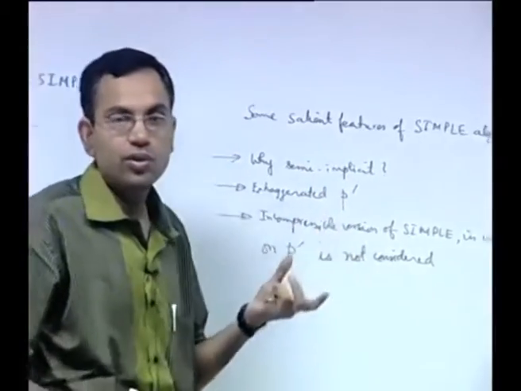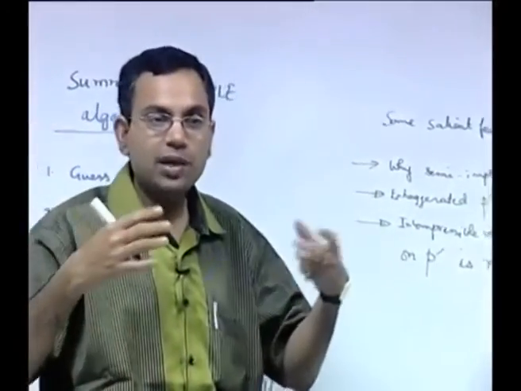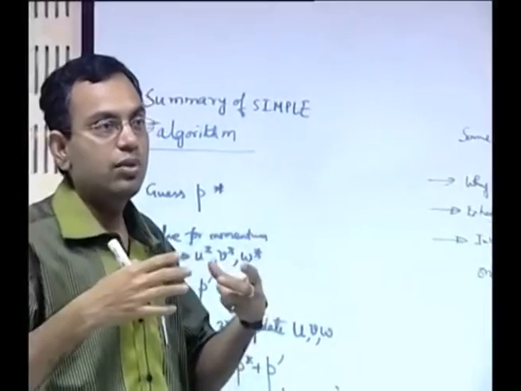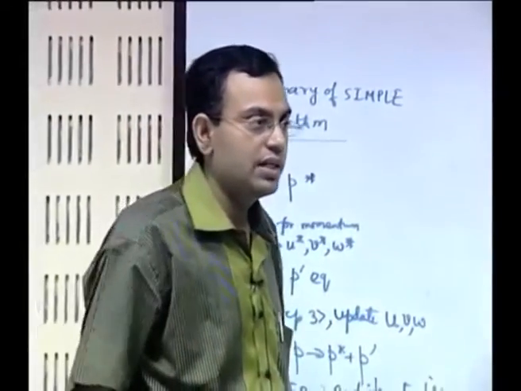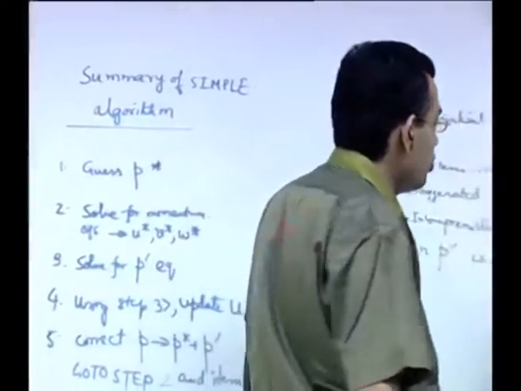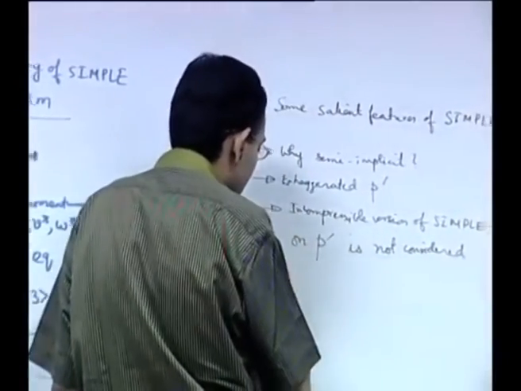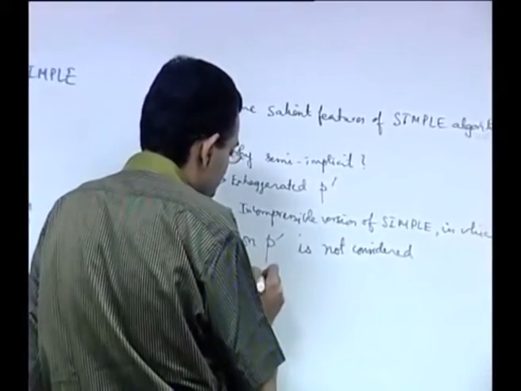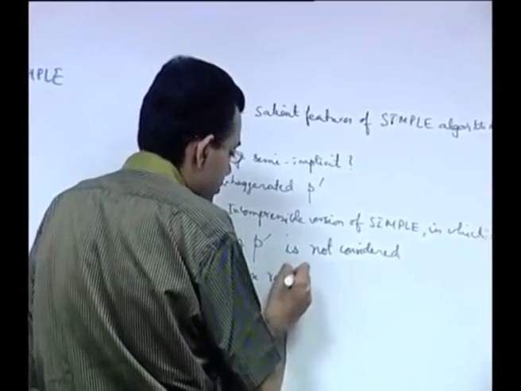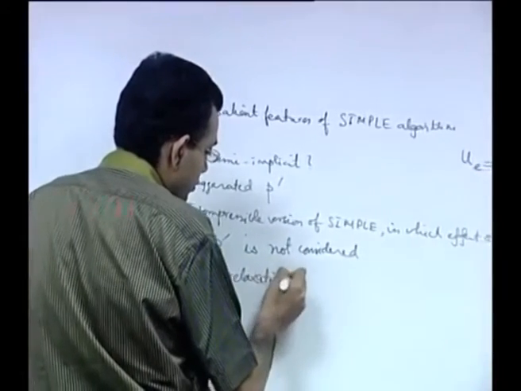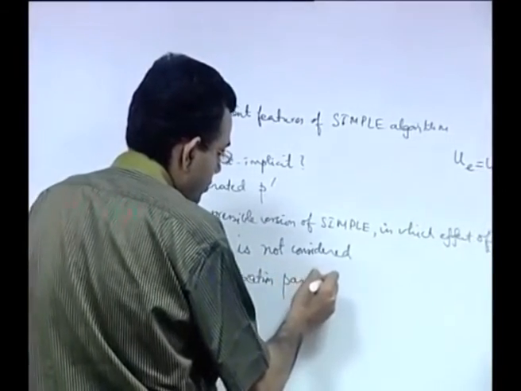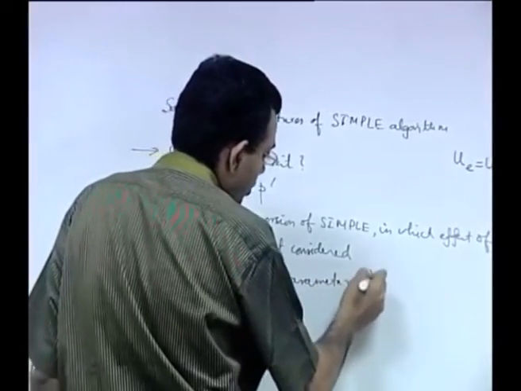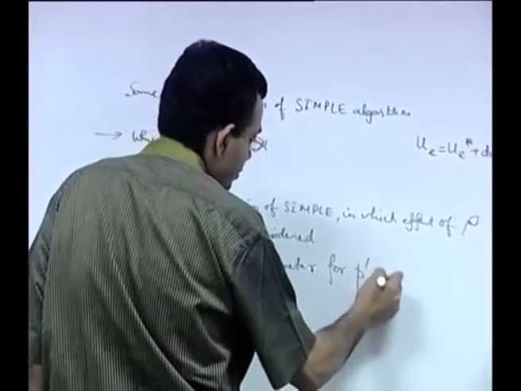So, how would you bring the pressure back to a non exaggerated corrected value? You can do that in certain ways. One is to use a relaxation parameter for the pressure correction equation.